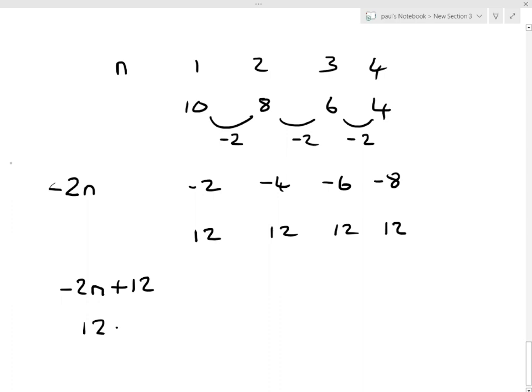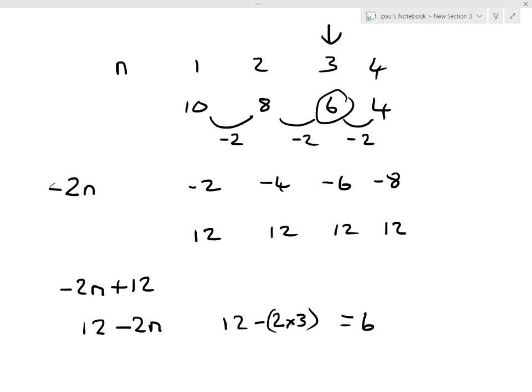So 12 minus 2n. Let's try it out on, say, this one here, to see if it works. We've got 12 minus 2 times 3. 2 times 3 is 6. 12 minus 6 equals 6. And that is indeed our number in the sequence.